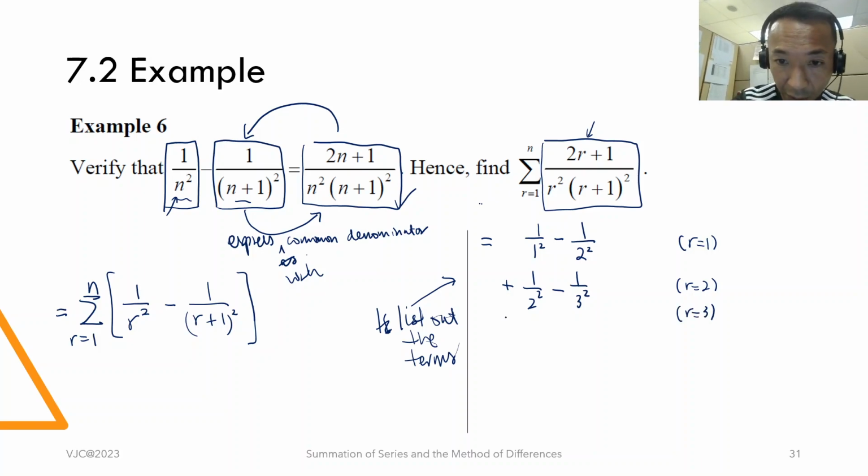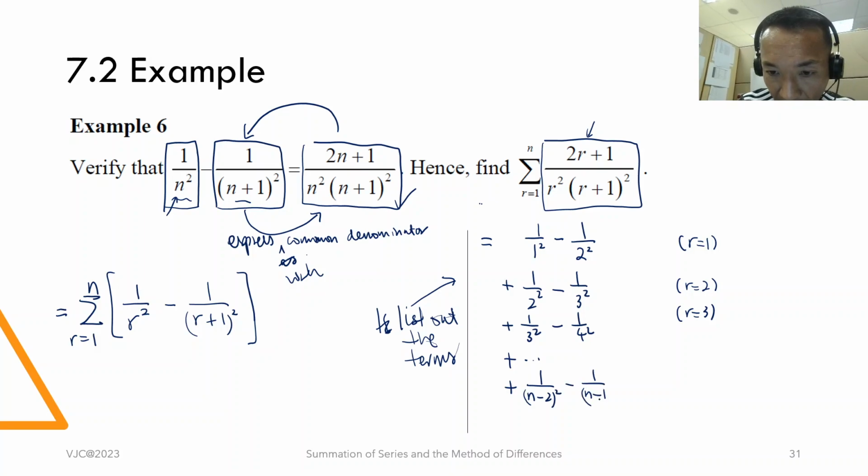Of course, you will carry on. Write the first 3 lines, and write the last 3 lines. This will take some practice how to write the last 3 lines, but I'll very quickly write for all of us here.